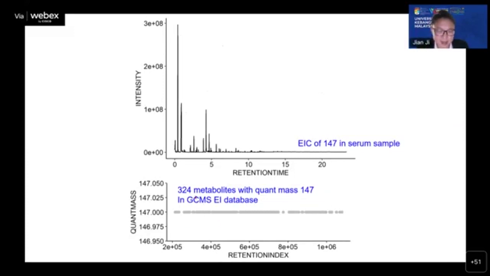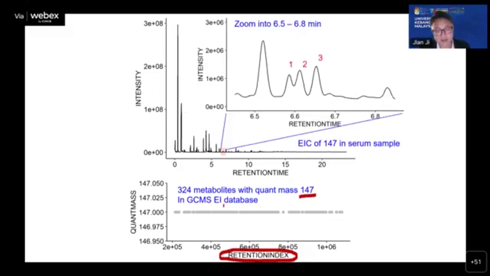Let's see, these metabolites at different retention indices choose 147 as a quant mass in the GC-MS database. And here, if we do a real case, if you extract 147 as the extracted ion in the extracted ion chromatogram in the serine sample, you will get EIC figures like this.